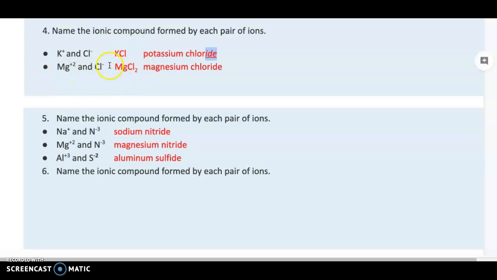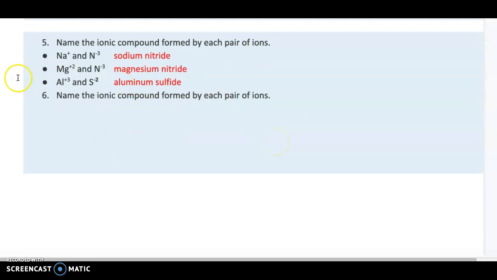I just created formulas for you, so maybe you can practice doing that as well on your own. When you have two ions, what would be the formula for it? Crisscross. Magnesium chloride. Next question is asking you, name the ionic compounds formed by each pair of ions. Same type of question we did before.